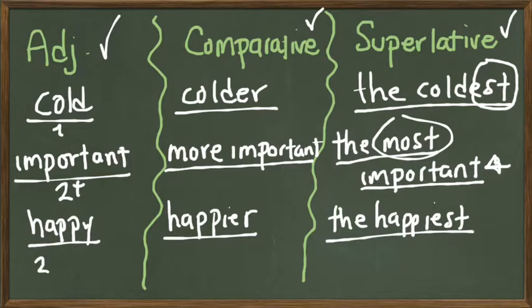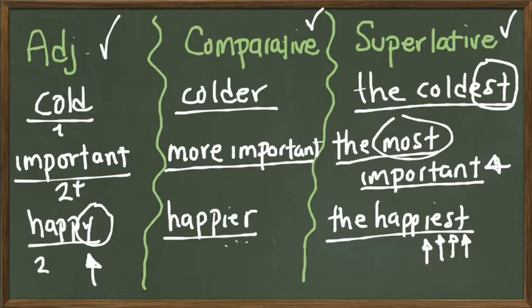Well, this doesn't matter as long as these adjectives end in Y. All the adjectives that end in this letter would have to be changed: we remove the Y and we insert I-E-R. But in the case of superlatives, we're going to put I-E-S-T. And the result is the happiest.